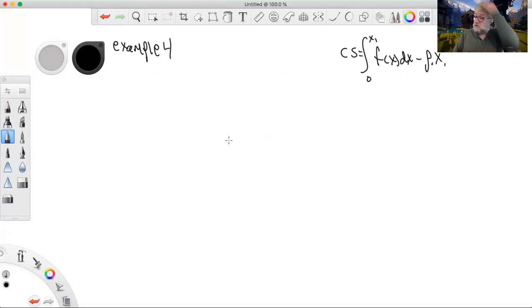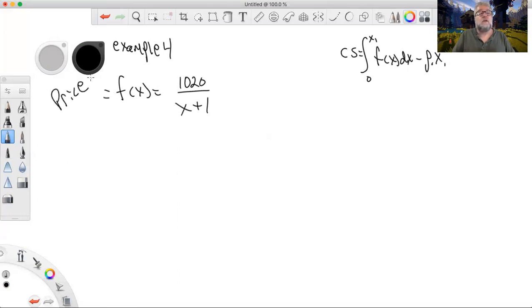So let's say we're given that the demand function is 1020 over x plus 1. This is our demand function. And so the demand function, remember, is the price based on the number of things you're selling.